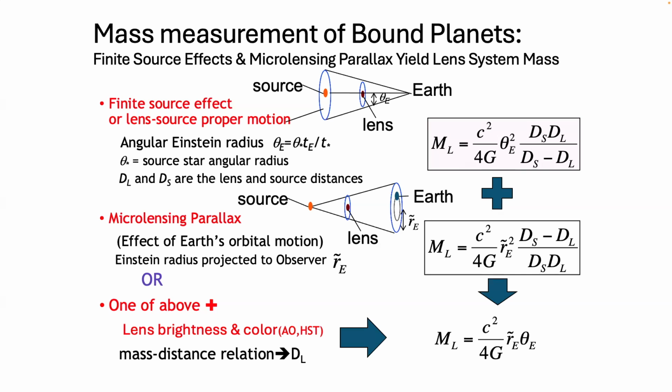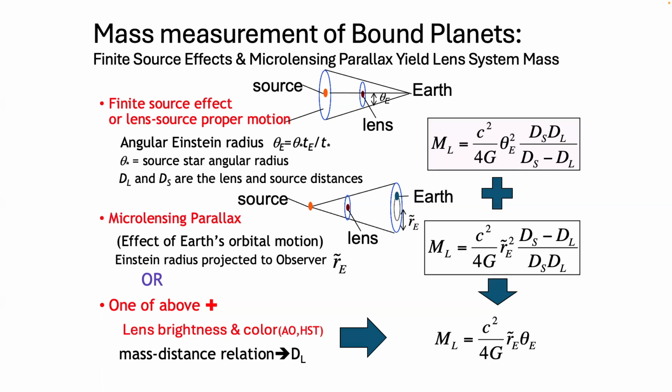In both equations, the mass has a relation to the distance, and they are connected either by the angular Einstein radius or by the microlensing parallax. So if we happen to get both of these parameters from the light curve analyses, then we can solve these two mass distance relations and we can get the mass as a function of parallax and Einstein angular radius.